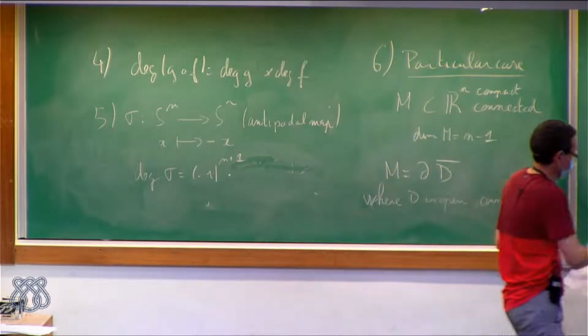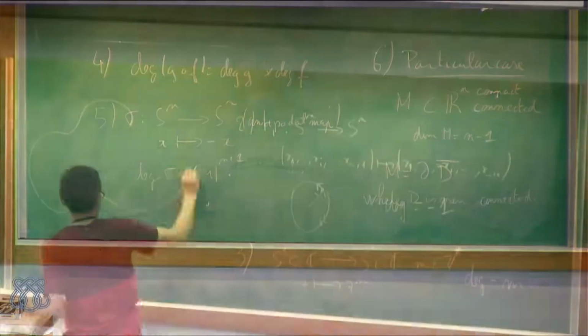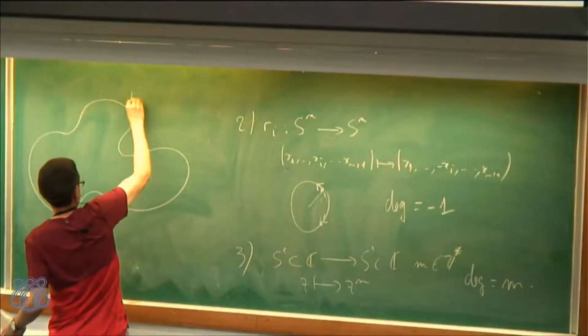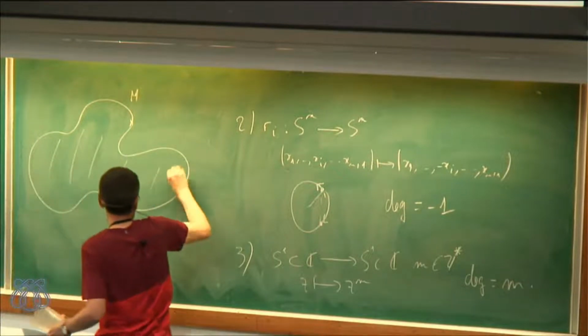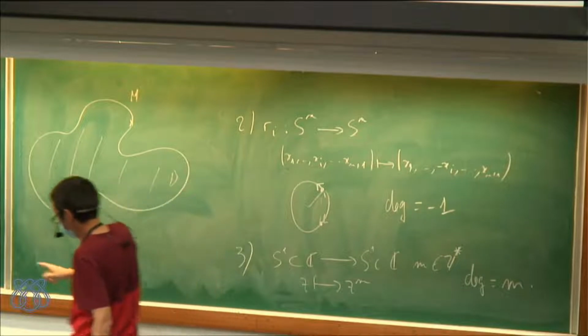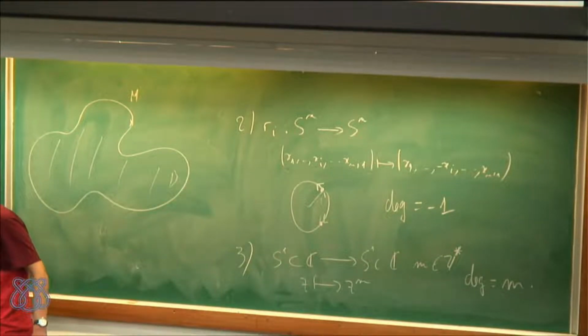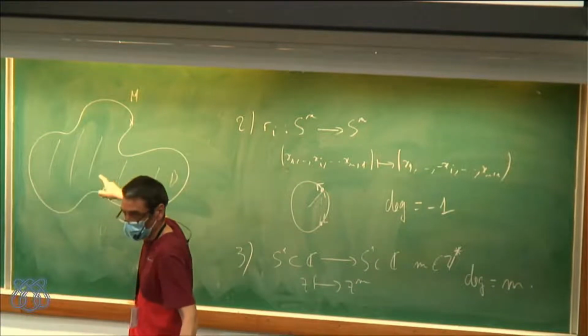So this is the picture. This is M, and this is D inside. So we can orient M as a boundary of D, because D is oriented as an open subset of Rn.